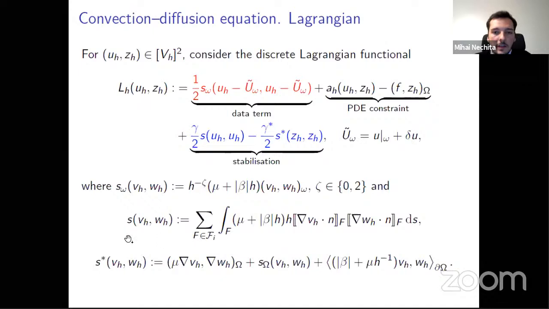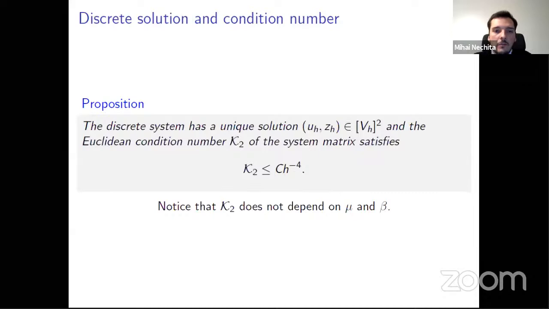And then the dual stabilizer is now enhanced, so we still have the H1 term, so the product of the gradient, but we also add the same jump operator and a boundary term. And again, one can prove that the discrete system has a unique solution, and in this case, we've also studied the condition number, which is bounded by h to the power of -4 and is independent of the physical parameters.